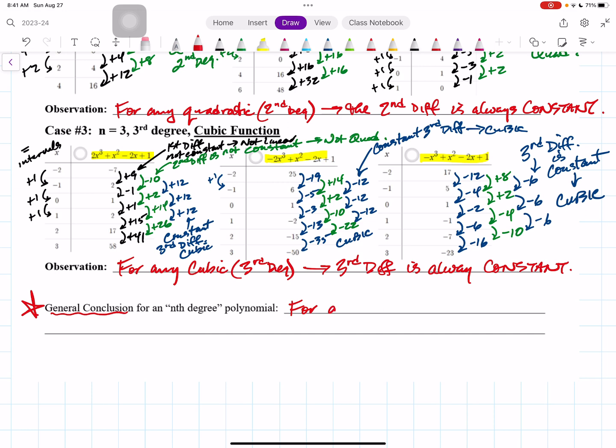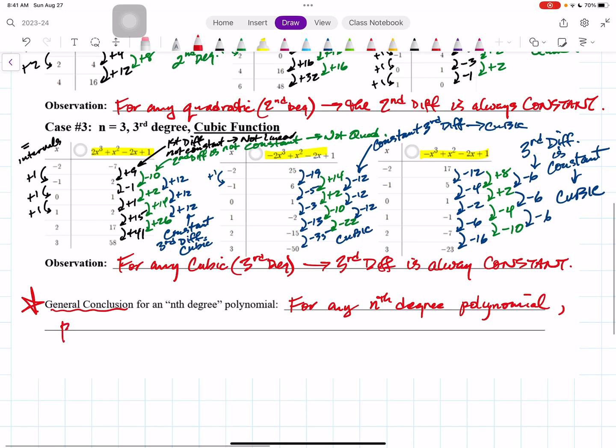Okay, so for any nth degree polynomial, what does that look like? Well, it looks like P of x is equal to a sub n times x to the n plus ... plus a sub 1 times x plus a sub 0.